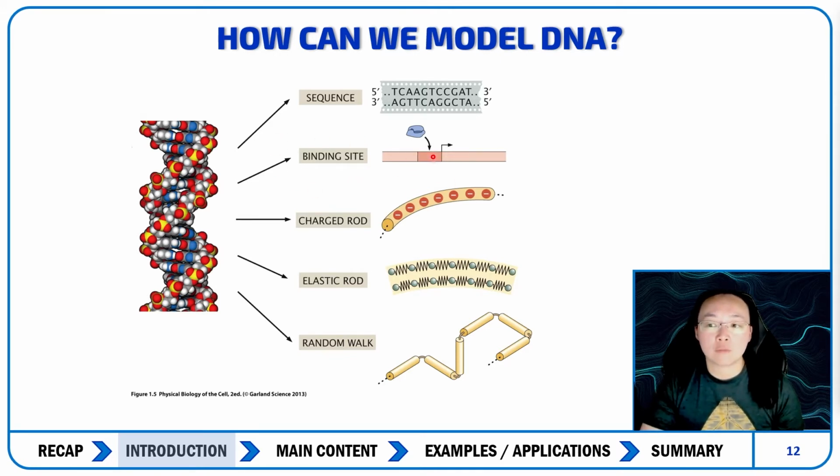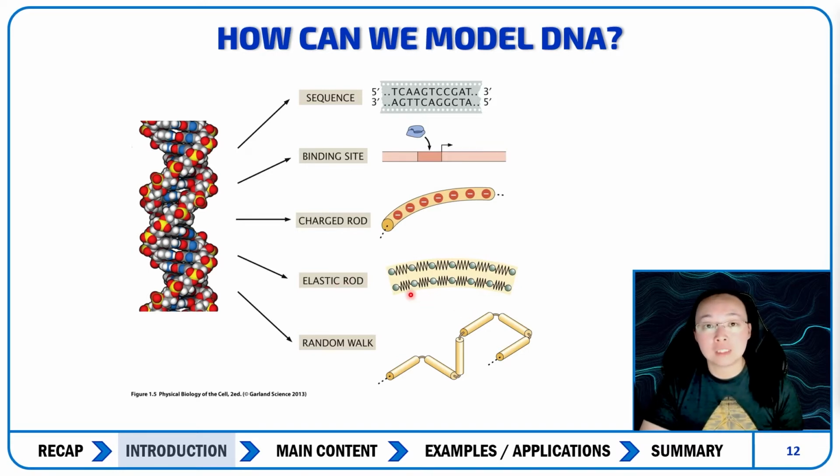Here, we have protein binding sites, which allow us to study the interactions of DNA with other molecules. This is the one we'll be focusing on the most: the charged rod. In the charged rod model, we model DNA as a giant negative charge, because it has polarity, and see how it interacts with other molecules like histones. These two are quite well tied together.